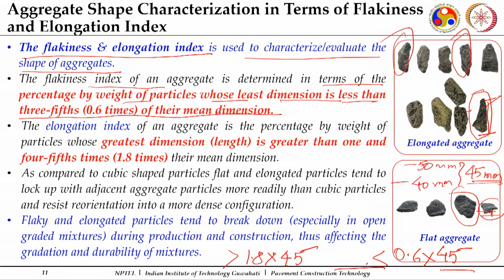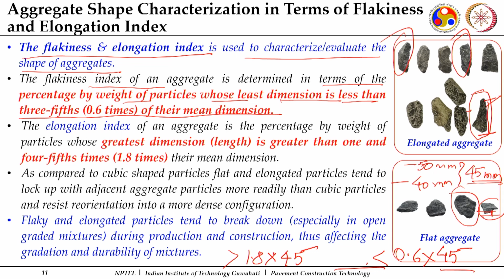When they break, they raise a concern regarding the gradation, because a gradation change will be there. And second, if there is some binding material over that aggregate, then certain phases will get exposed without any binding material. That raises concerns regarding the durability of those aggregate mixes also.